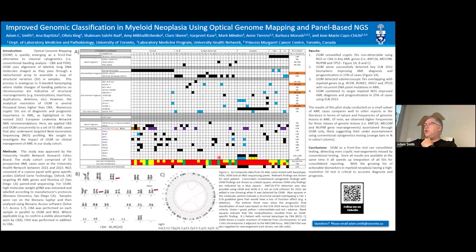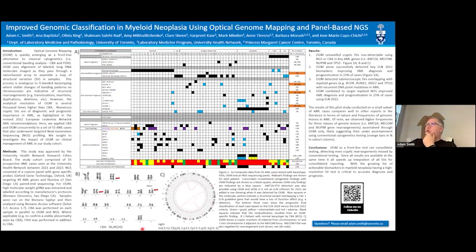So we could get a nice overview of what was going on. At the end, we wanted to look at the ELN 2017 prognosis and the ELN 2022 prognosis, and look at what all of this additional information did in terms of reclassification, so what the reclassification rate was, etc.